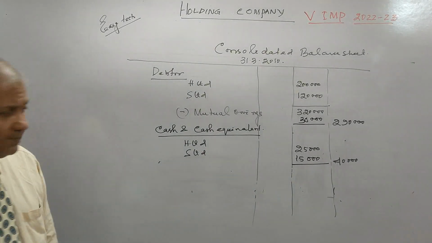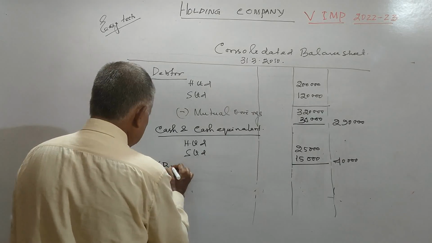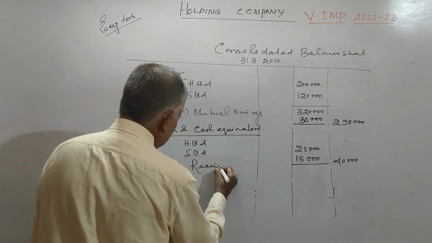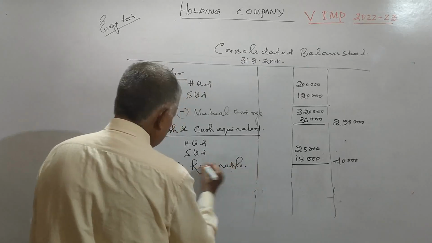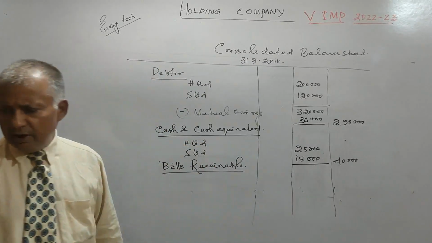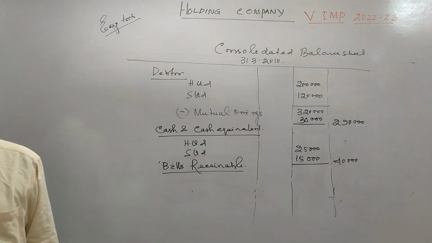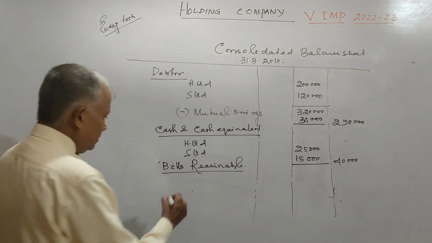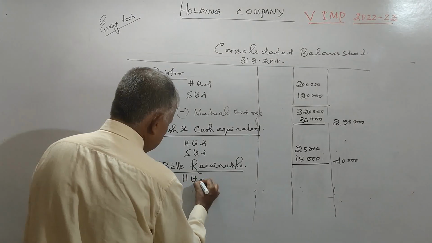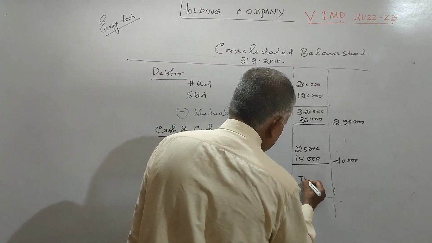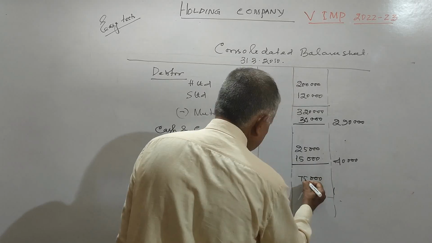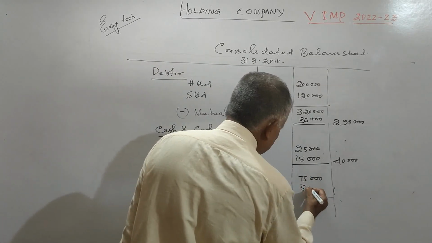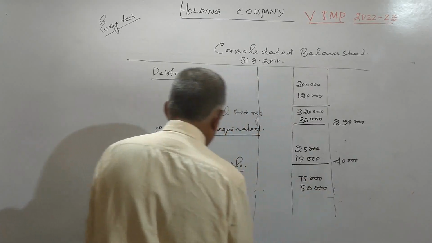Now bills receivable. In bills receivable, H Limited 75,000, S Limited 50,000.